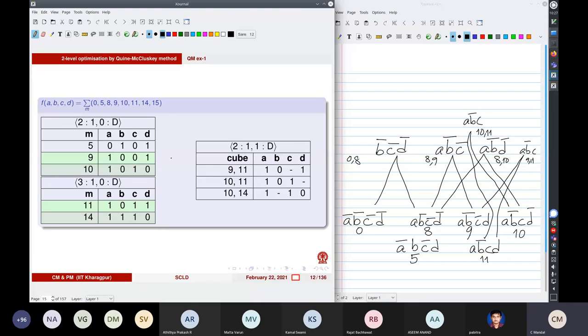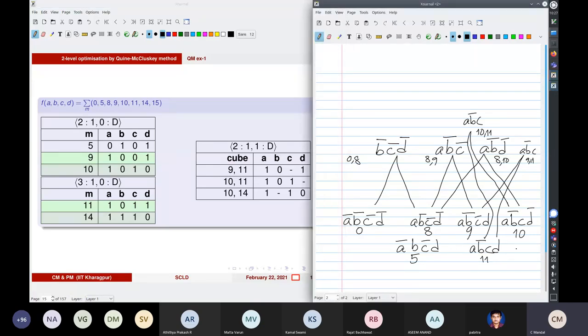We have to write down 14 somewhere, so let's write down 14 here. So you can combine 10 and 14. If you combine 10 and 14, what you get is A, C, D bar.